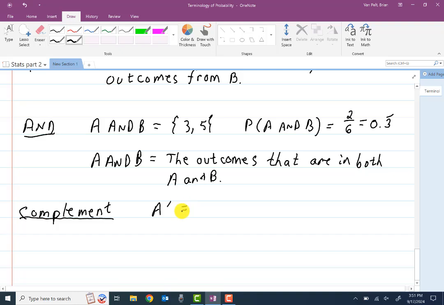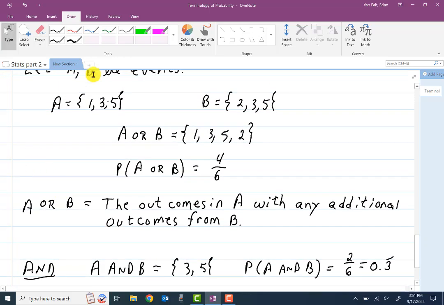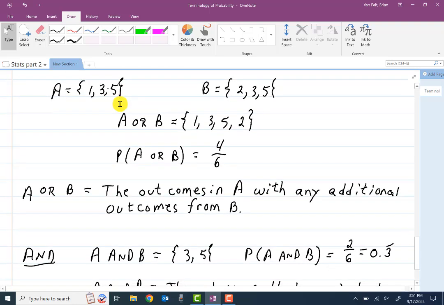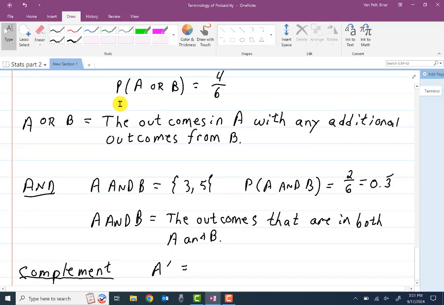When I write this, I say A prime, these are the items that are not in A. So come back up here. Let's find out what was in A. It looks to me like A was all the odd numbers, all the odd possible answers that could come up. So then its complement would be the even numbers. So we would have there 2, 4, and 6.